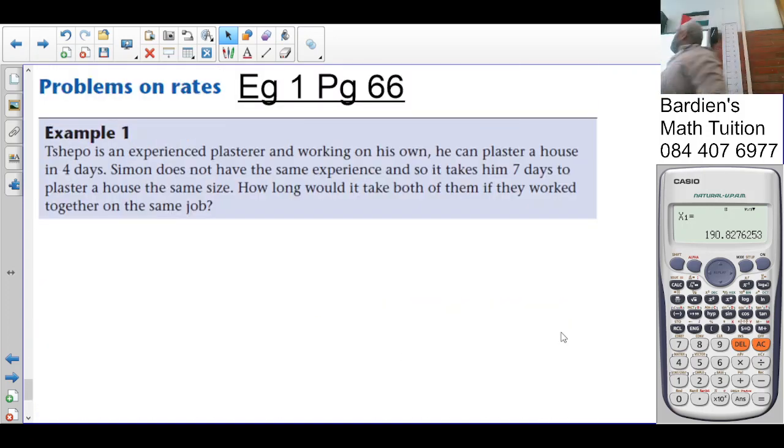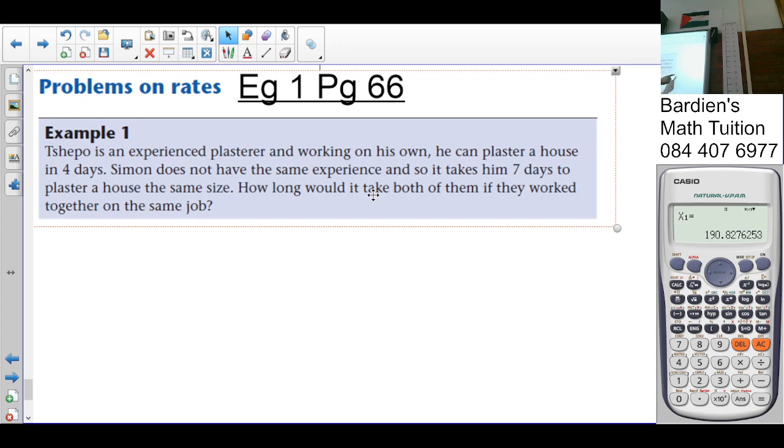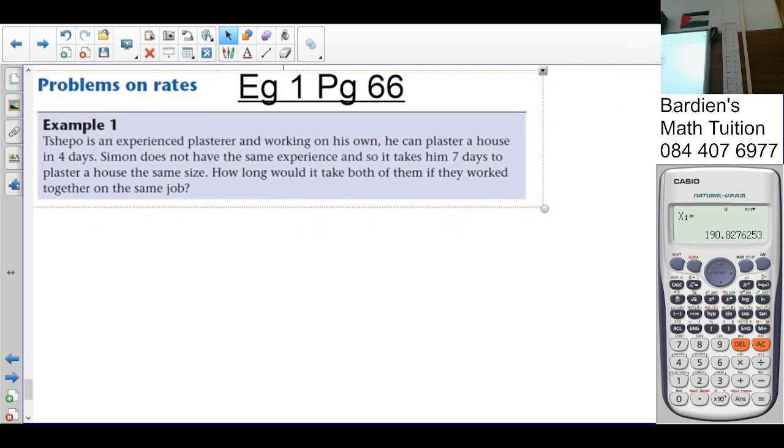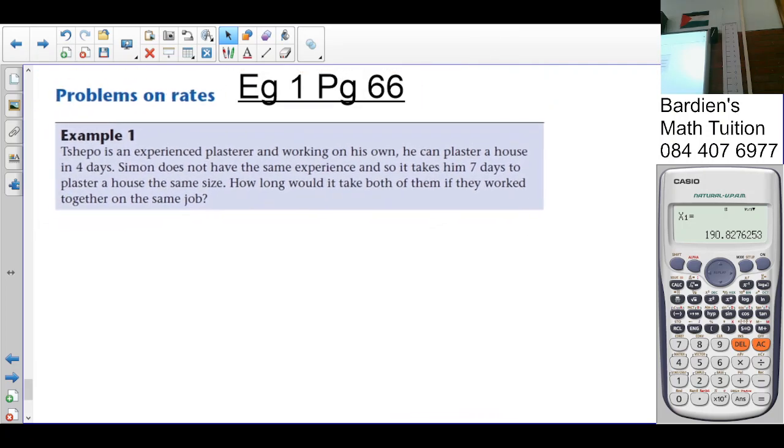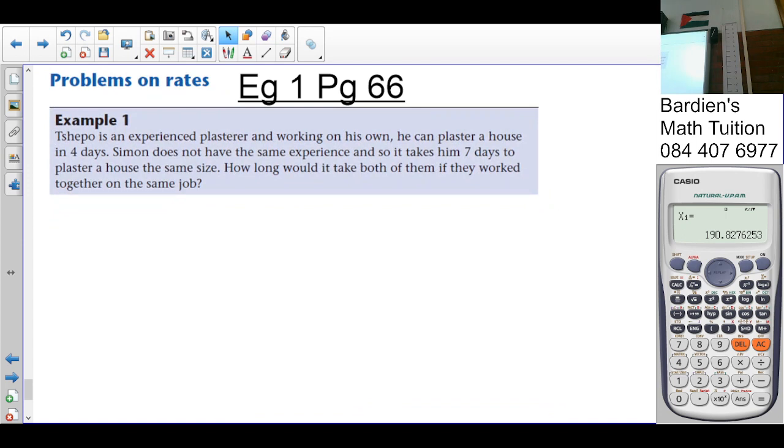Right, problems on the rate. This one is example 1 on page 66. In example 1 on page 66, we are told that there is an experienced plasterer, a person who plasters the walls, and works on his own.